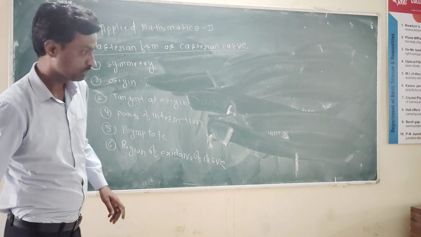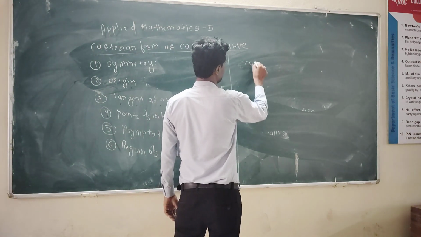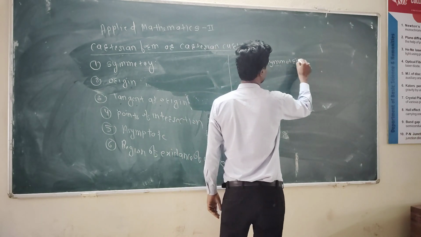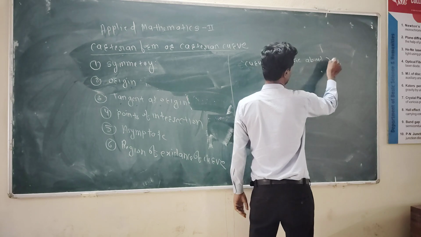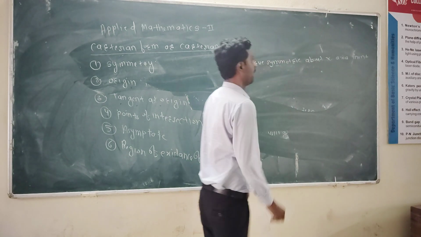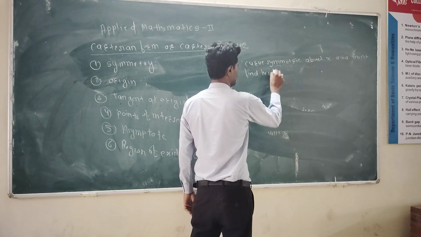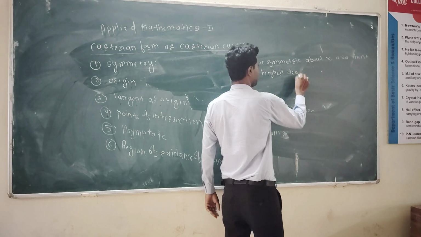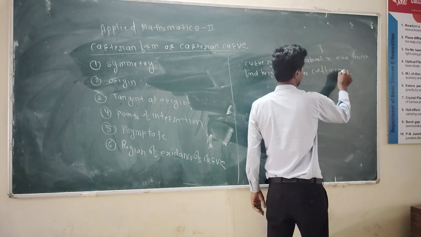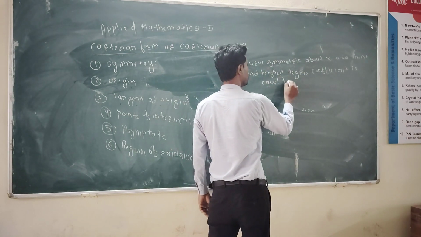Suppose the curve is symmetric about the x-axis, then find the highest degree coefficient is equal to 0.